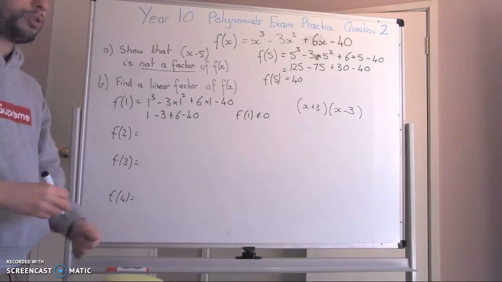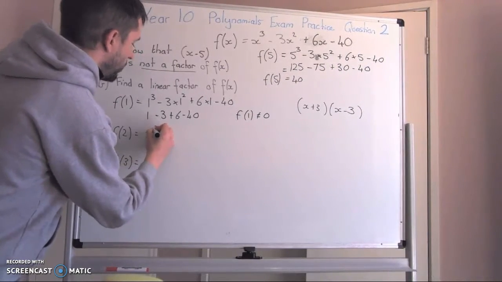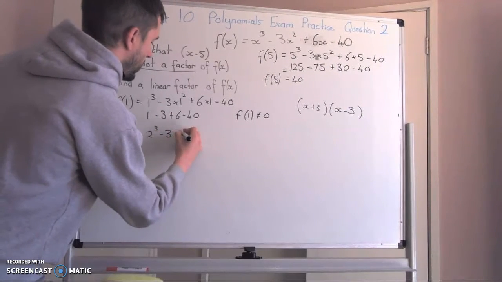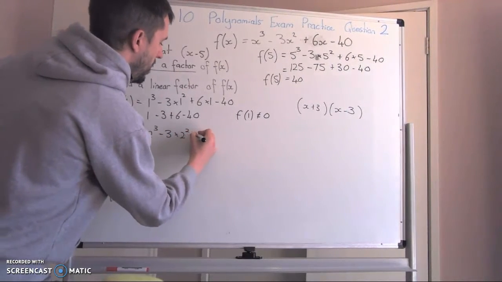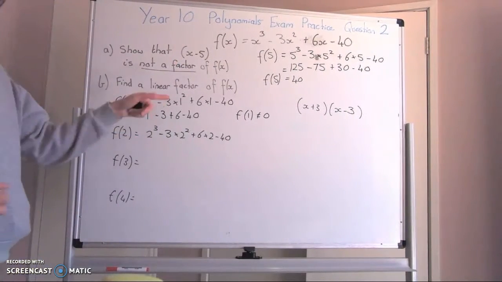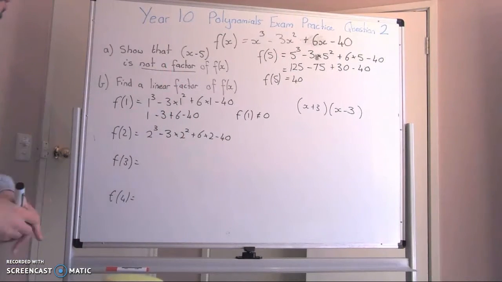Let's look at 2. So again, I'm going to put 2 into my equation for x. 2 to the power of 3 minus 3 times 2 squared plus 6 times 2 minus 40. 2 to the power of 3 is 2 times 2 is 4. 4 times 2 is 8.